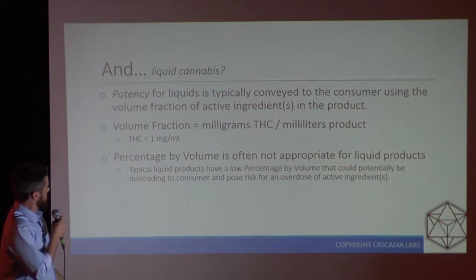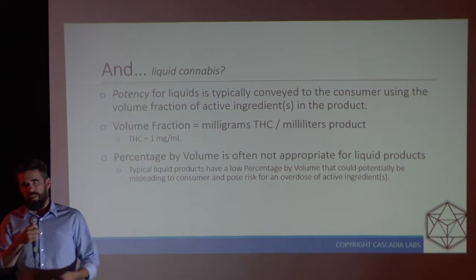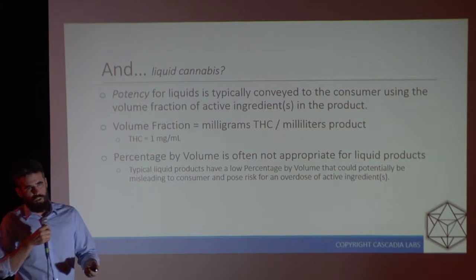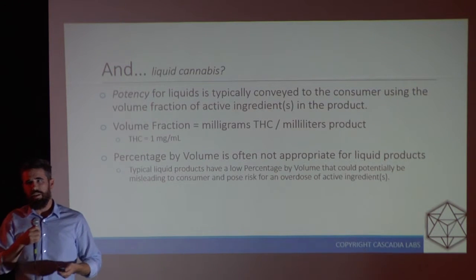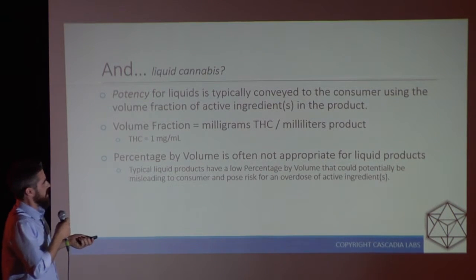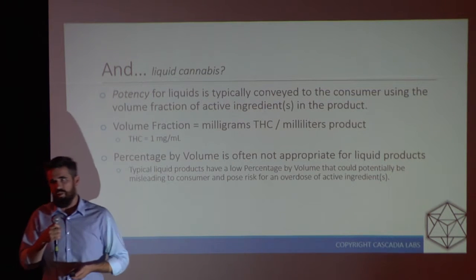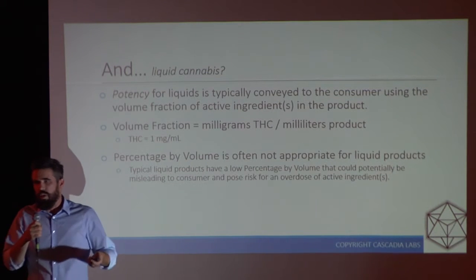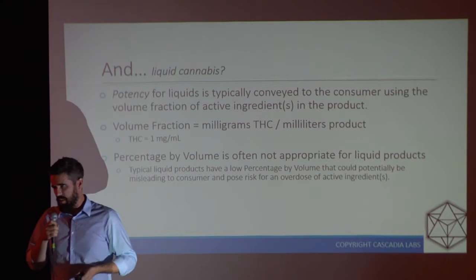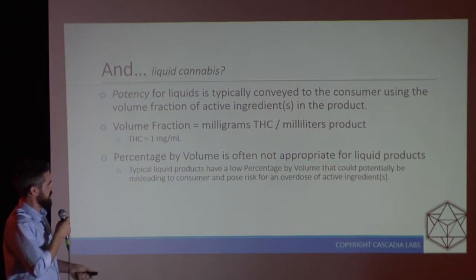As I alluded to a little bit, percentage by volume is often not appropriate for liquid tinctures or other liquid products on the marketplace because they are a much lower percentage by mass or by volume, compared to the percentage by weight. So a consumer could see a 0.01 or a 0.1% tincture and think, oh, it's quite low, I can drink the bottle, and that is obviously not going to be ideal.